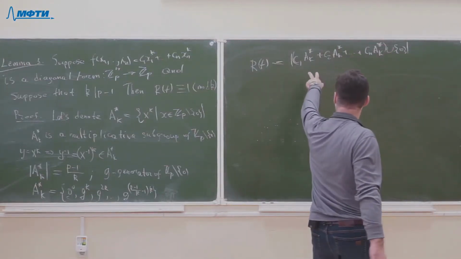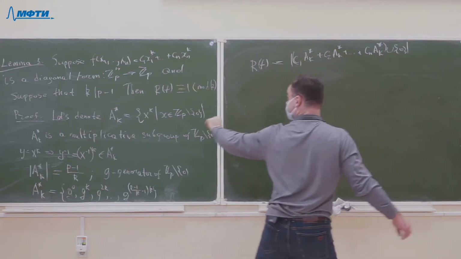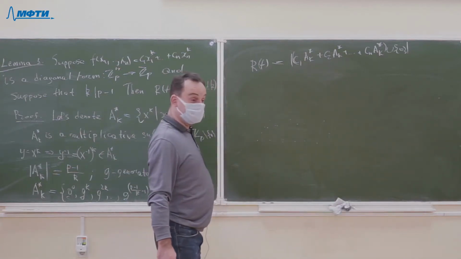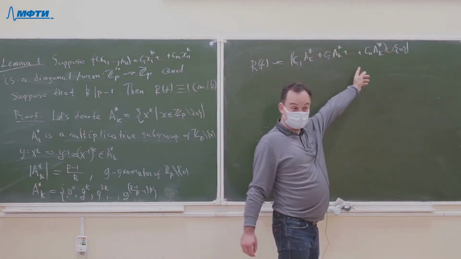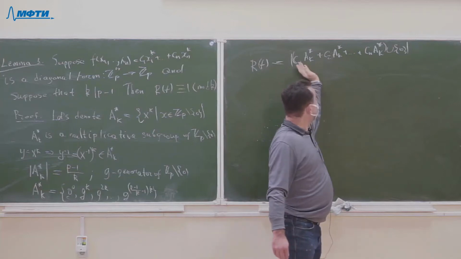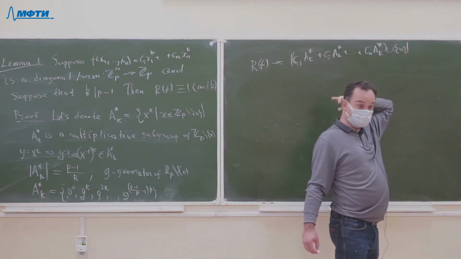What is the image? We substitute all the xi's from ZP without 0, and we get AK star in each position, right? So this is the size of the sum set plus 0.